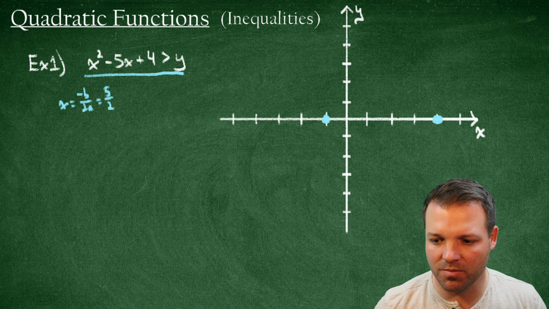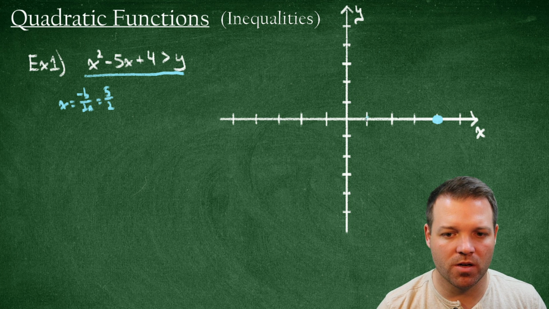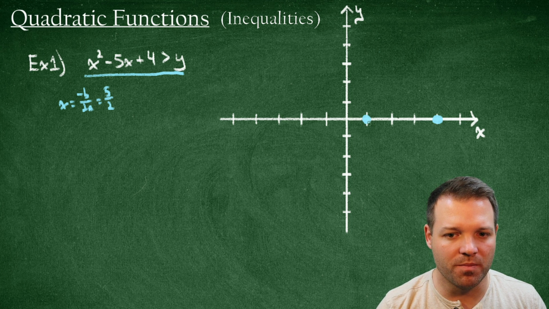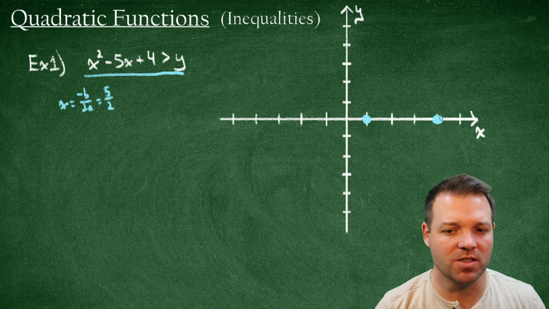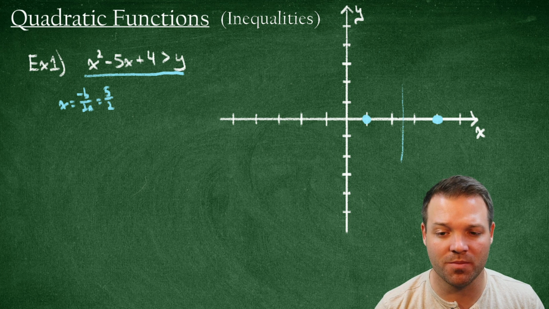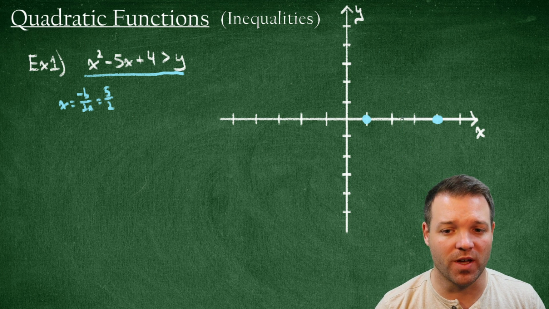I'm sorry about that. Let me go ahead and fix that. I can't remember if I just did the math wrong or not, but when I factored that and got the x-intercepts, it looks like it definitely should have been x is equal to positive 1 and x is equal to positive 4, which puts my axis of symmetry at 2.5.